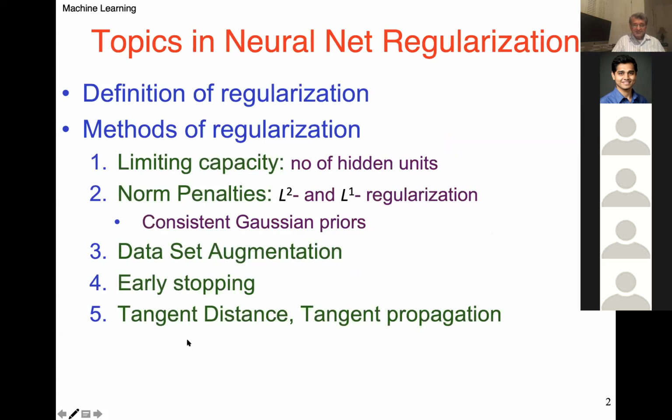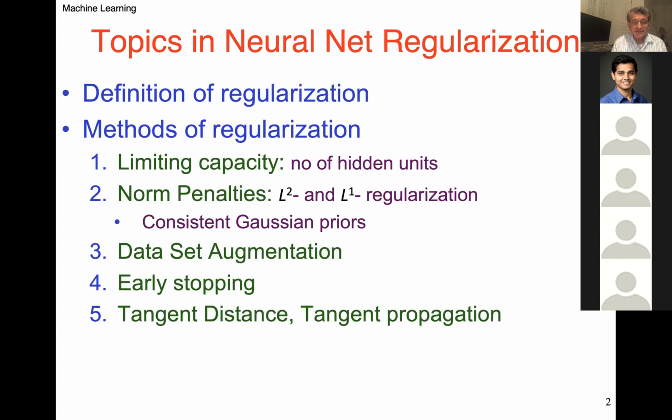All right, so the topics here in neural network regularization. First, we begin with the definition of regularization. I've already indicated to you what it is. It is unlearning, or to generalize it, it means generalization to unseen data.